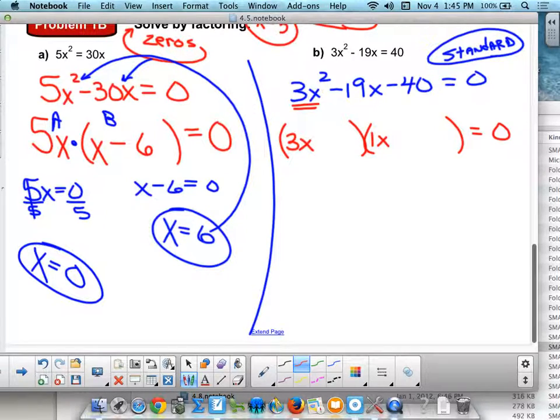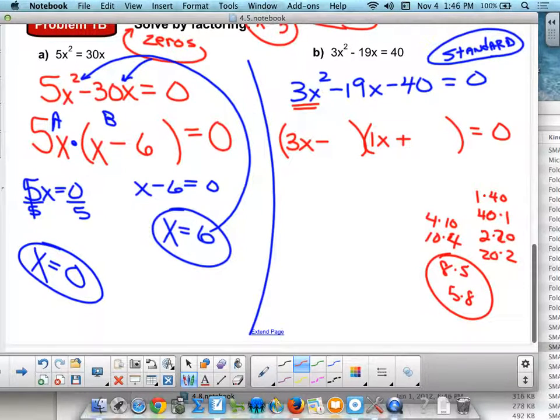Right? And how do you get negative 40? 1 times 40, 40 times 1. 2 and 20, 20 and 2. 4, 10, 10, 4. 8 and 5, and 5 and 8.